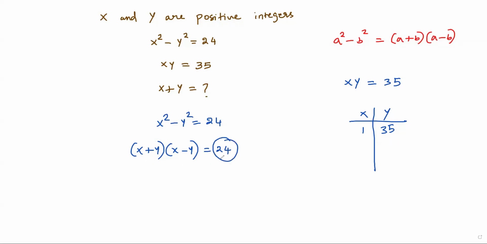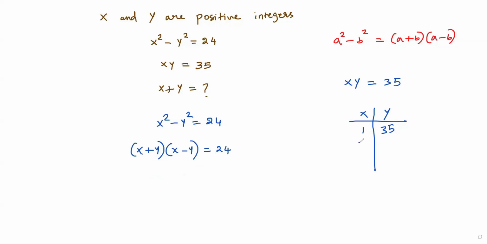If I plug in x equal to 1 and y equal to 35, x plus y will become 36, but x minus y will become a negative value, because 1 minus 35 is negative 34. A positive value times a negative value is negative, so it cannot equal positive 24. So 1 and 35 will not work.